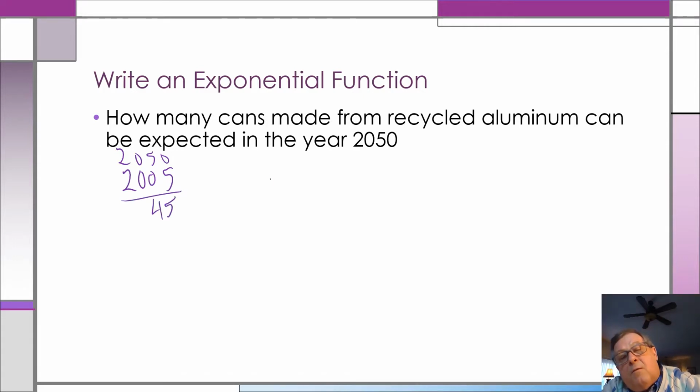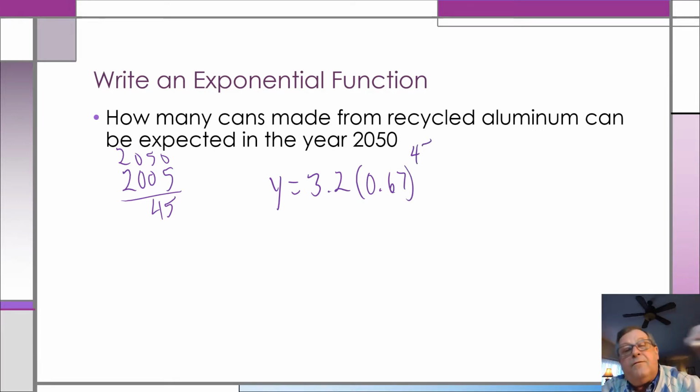So then we can say that y equals 3.2 times 0.67 raised to the power of 45. Let's see, 3.2 times 0.67 raised to the 45th power.